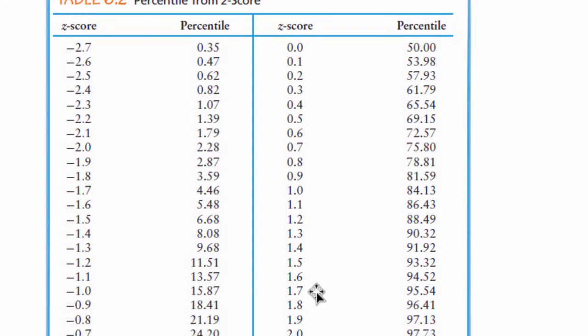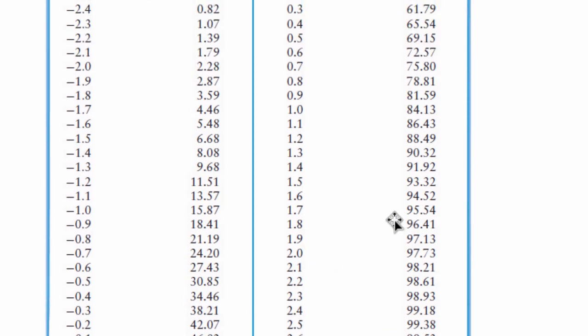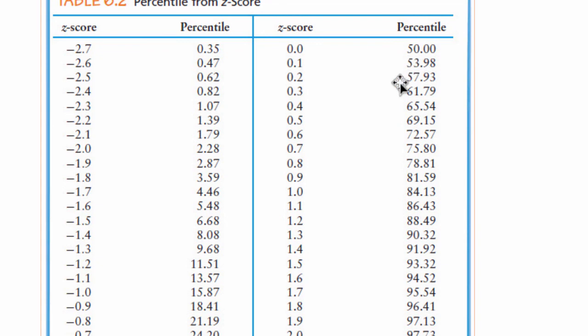Furthermore, a z-score of 0 corresponds to a percentile score of 50. Also notice that negative z-scores correspond to percentile scores that are less than 50, and positive z-scores correspond to percentile scores that are greater than 50. Before moving on, you should consider why this is so.